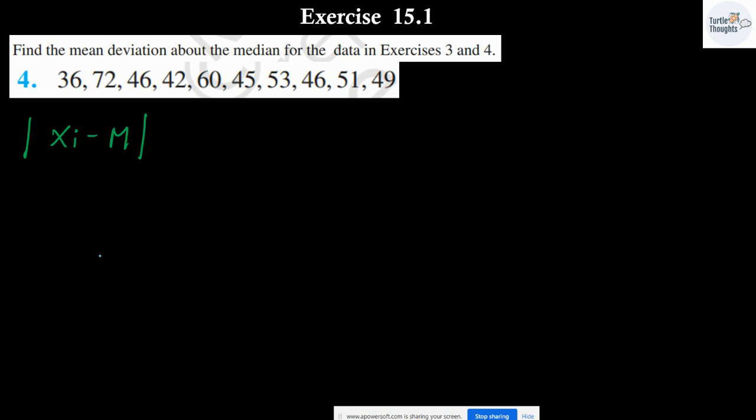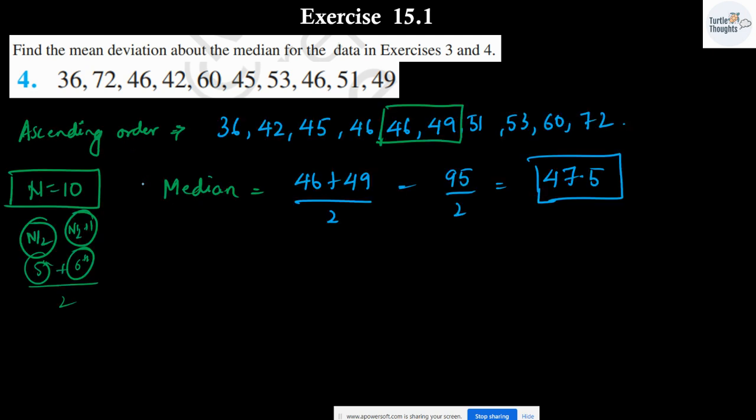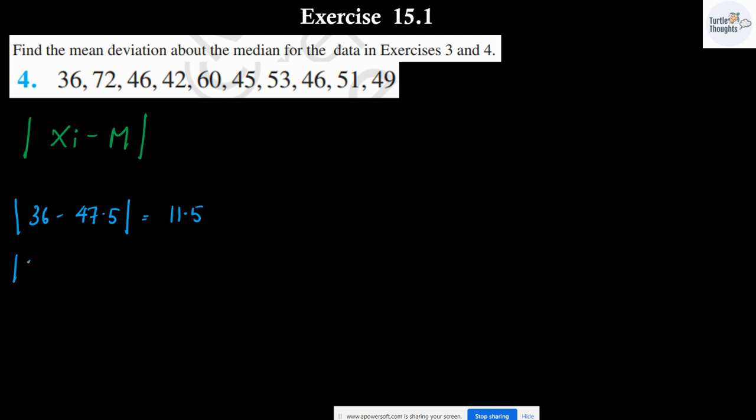Now taking the first, 36 itself, so 36 minus 47.5, the modulus of that, I will be getting this as 11.5. Right, next it is going to be 42. 42 minus 47.5, it is going to be 5.5.